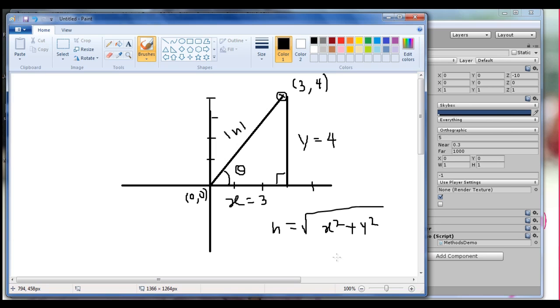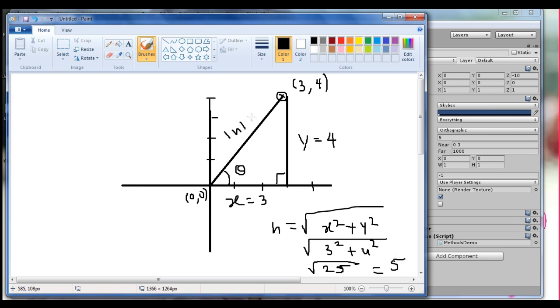Very useful information. Now, you can calculate by yourself here. X is 3, 3 square is 9, plus y is 4, 4 square is 16. So you get the square root of 9 plus 16, which is 25, then h should be 5. You should get 5 on the screen.